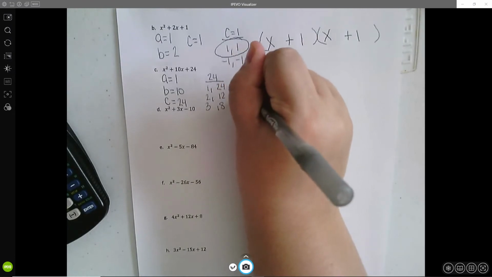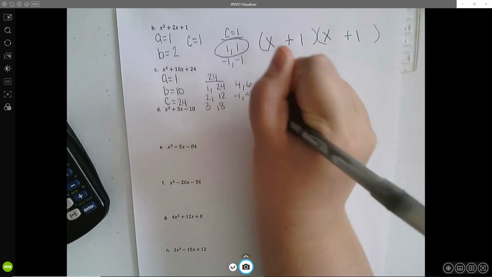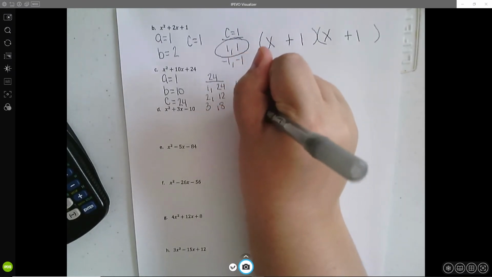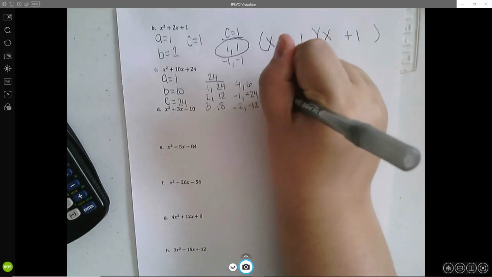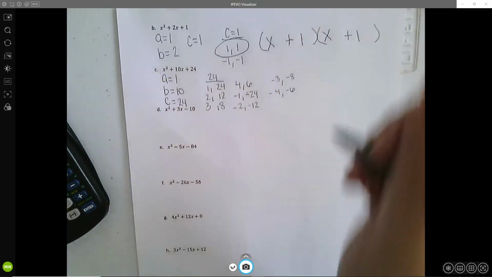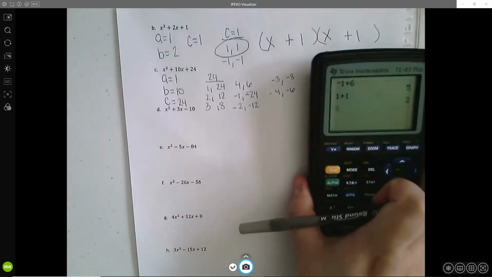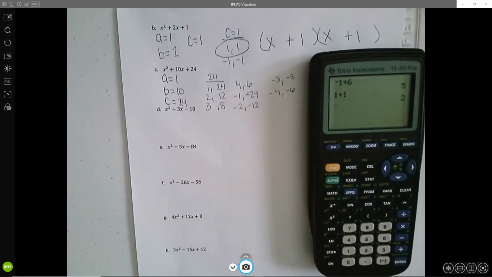Now I'm going to list out those factors again with both of them being negative. Once I have that, now I'm going to add those factors together and see which set of factors gives me the sum of my B, and I'm looking for a sum of 10.